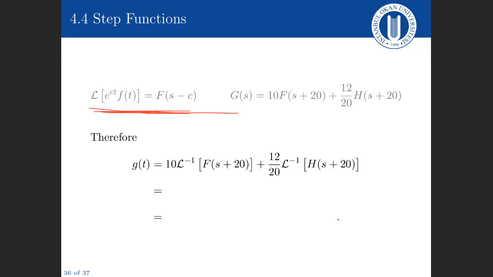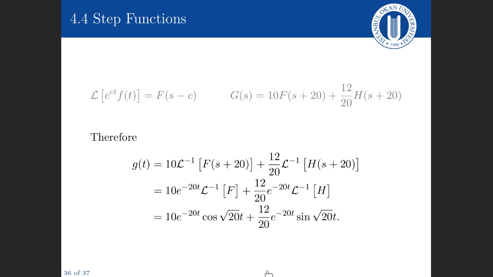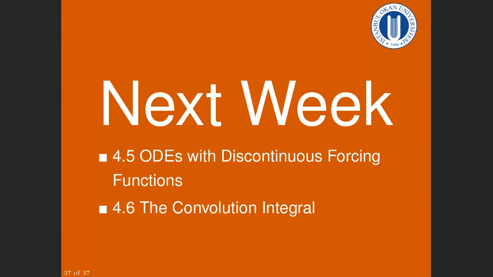First, I'm going to use the left formula to write this as 10 e to the power minus 20t, inverse Laplace transform of capital F, plus 12 over 20, e to the power minus 20t, inverse Laplace transform of capital H, and then put these formulas in. 10 e to the power minus 20t cos root 20t plus 12 over 20 e to the power minus 20t sine root 20t, which is the end of this week's lesson.